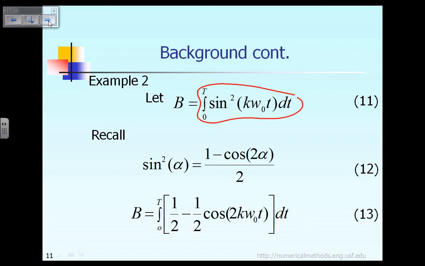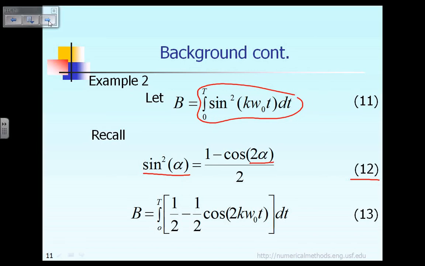However, from high school trigonometry, according to equation 12, sine square of an angle can be expressed in terms of a double angle: sine square is equal to 1 minus cos of 2 alpha, divided by 2.